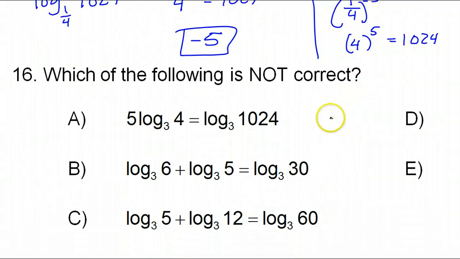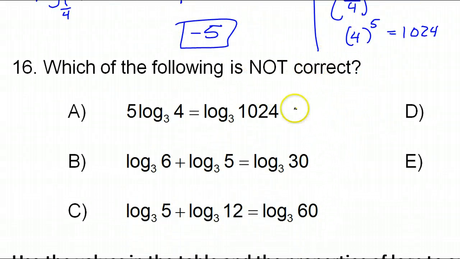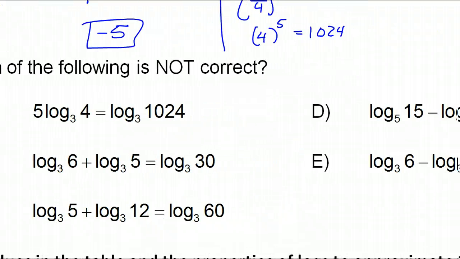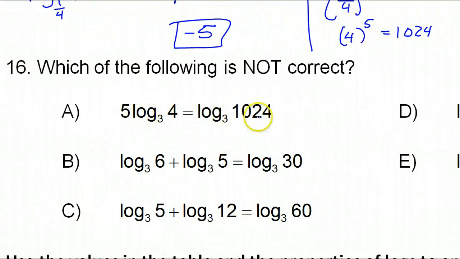Okay, number 16. Which of the following is not correct? Alright, so this is really 5 problems in one, because you have to look at each one of these and make sure that it makes sense. Well, I could take this 5 and put it as a power, couldn't I? Like that. I could move that 5.